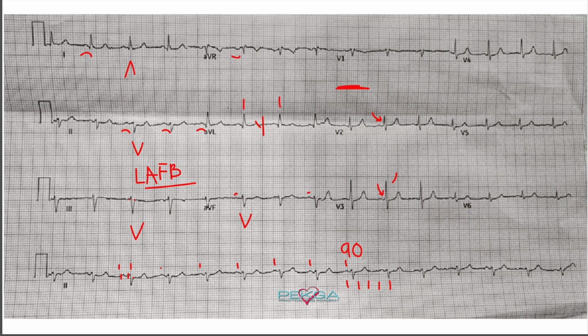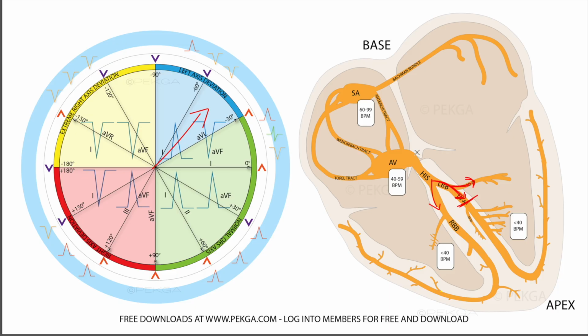Now, if you did have a delta wave in leads V2 through V6, you could potentially be looking at some sort of septal accessory pathway.